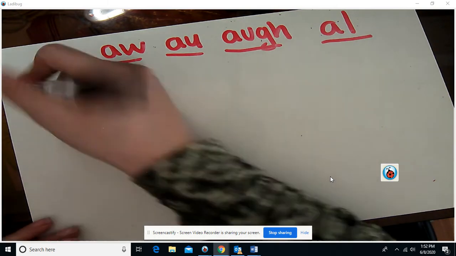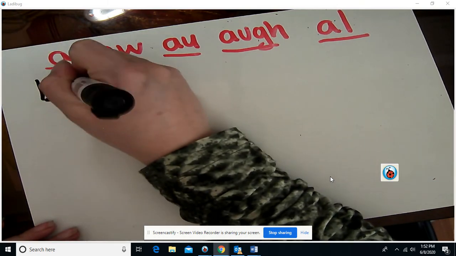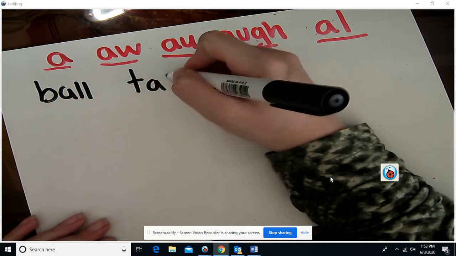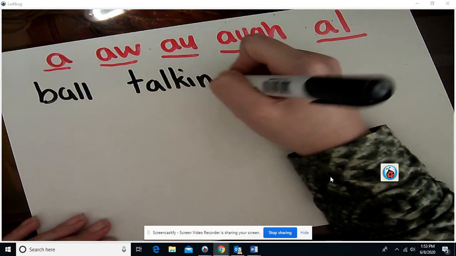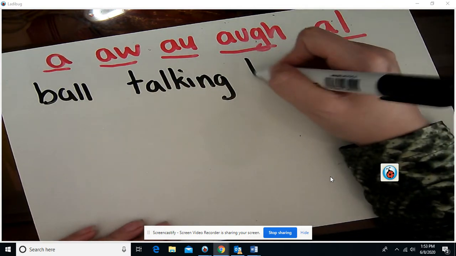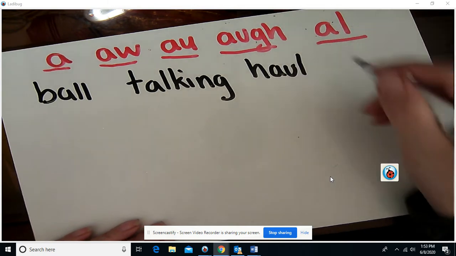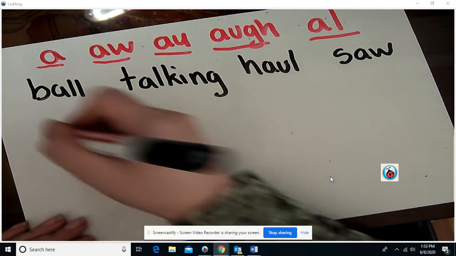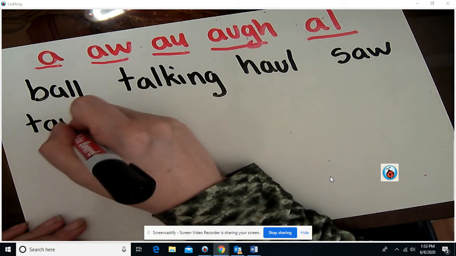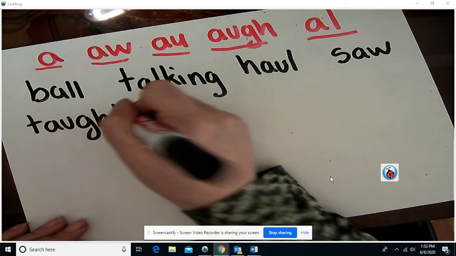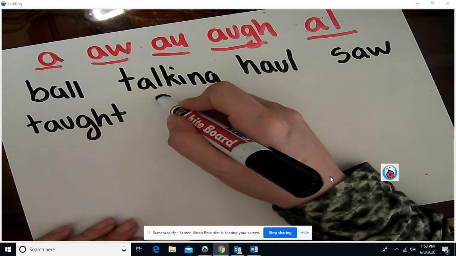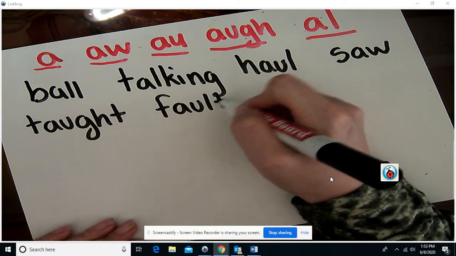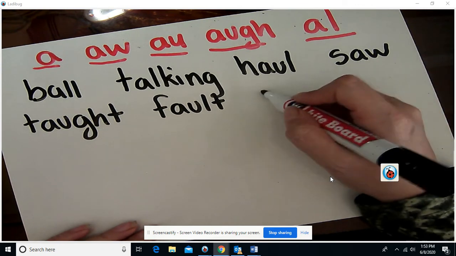We have ball, talking, hall, saw, taught, fault, smallest.